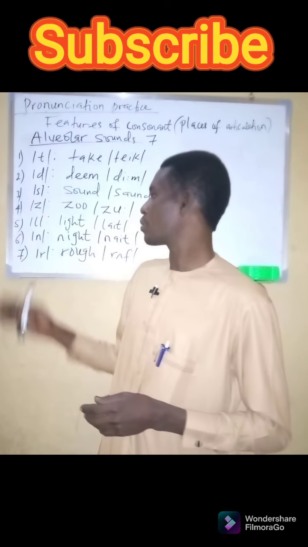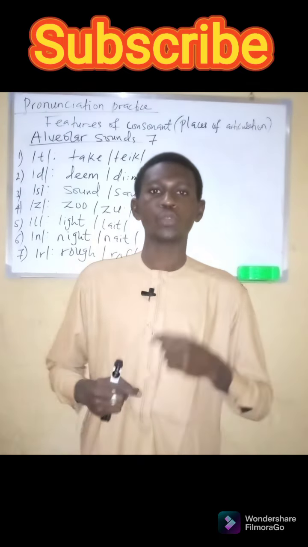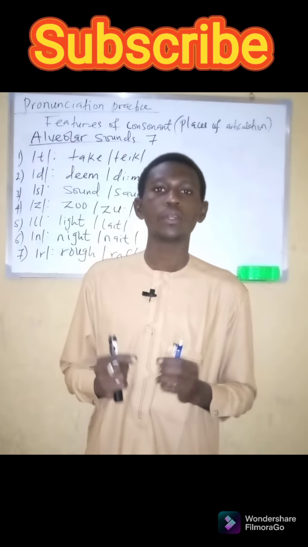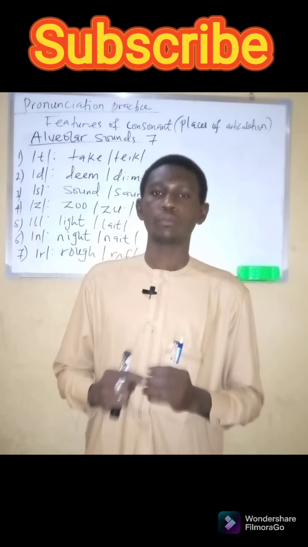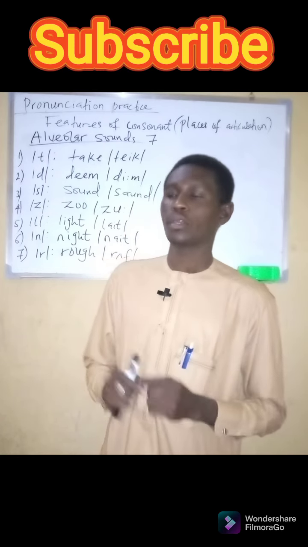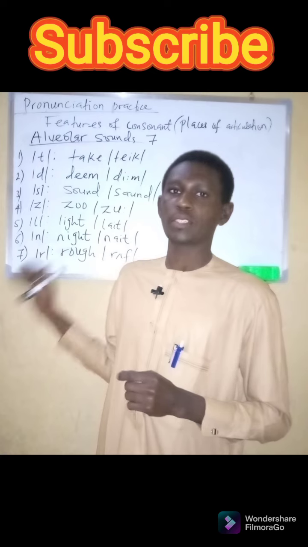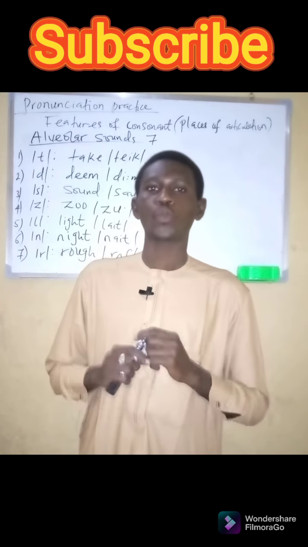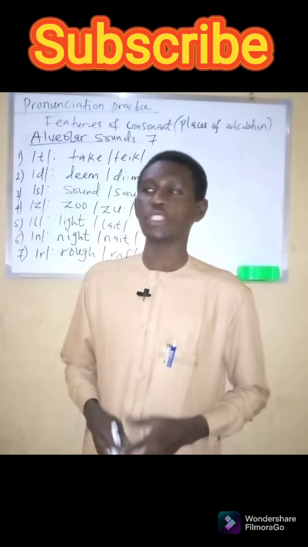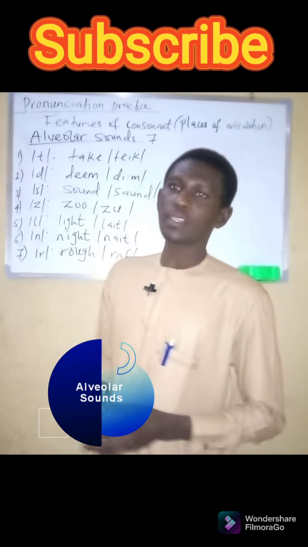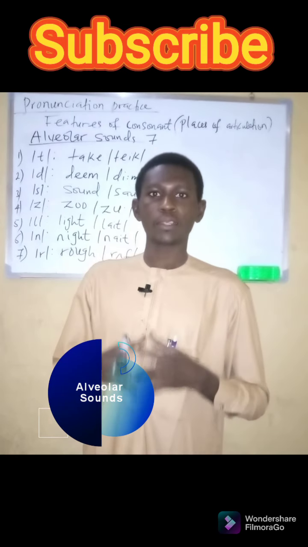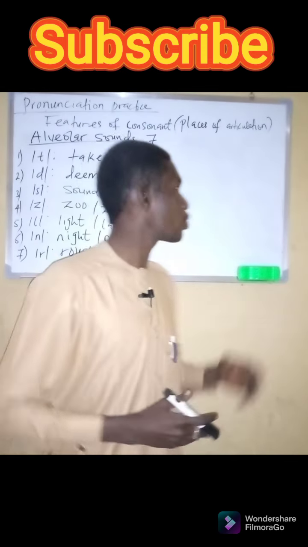And lastly is the R sound, the rolling sound. The moment you pronounce the sound R, you also realize that the tip of the tongue is in contact with the alveolar ridge. These are the sounds with examples in words, and let's see their transcription.